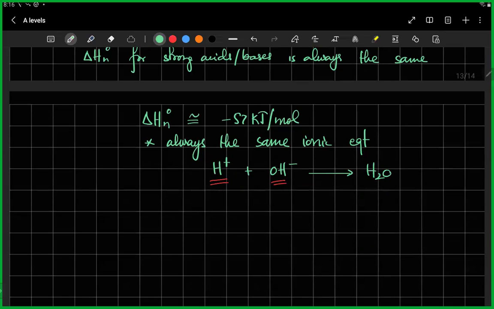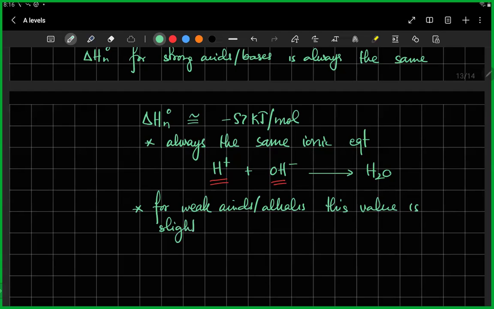Yes, sir. और फिर इसमें exception ये है कि for weak acids or alkalis, this value is slightly less exothermic.